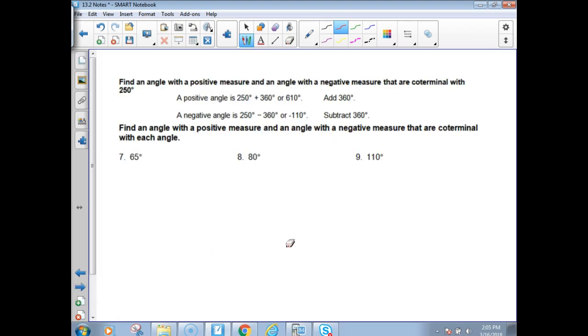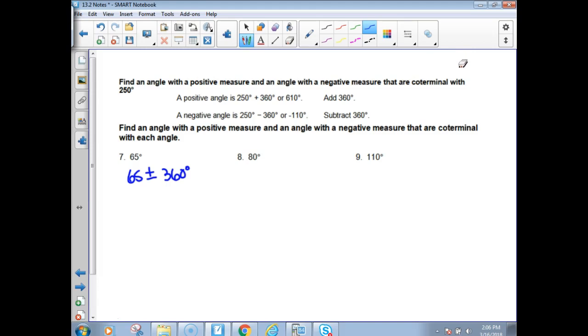All right, find an angle with a positive measure and an angle with a negative measure that are coterminal with 65. The way you do that is you add or subtract 360. Okay. We take 65 plus or minus 360.